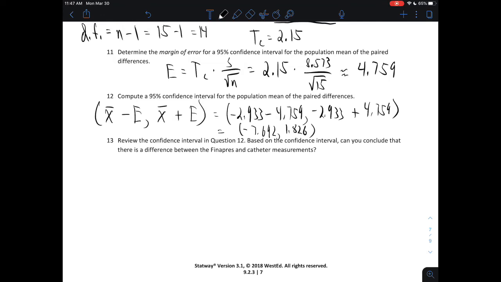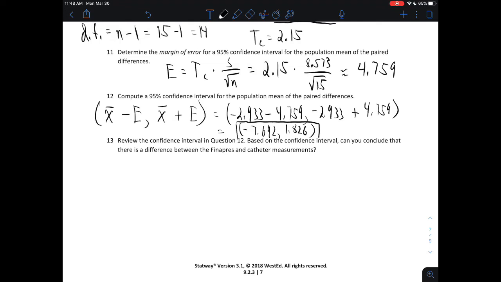Number 13 says, review the confidence interval in question 12. Based on the confidence interval, can you conclude that there is a difference between the Finapres and catheter measurements? If there was a difference, think about what that would mean against an earlier question where we asked, what if there was no difference? Earlier we said there was no difference if the difference between those two methods gave us 0.